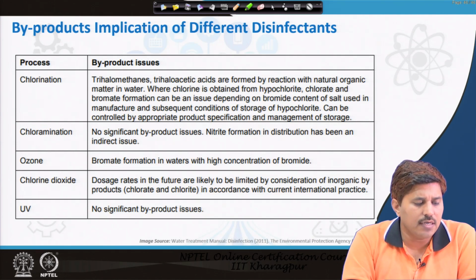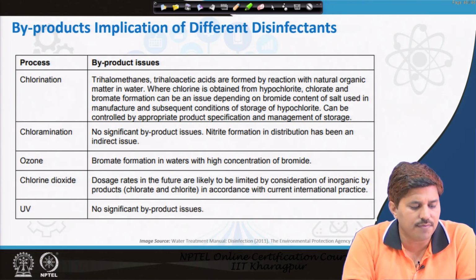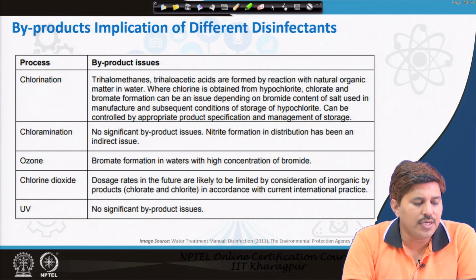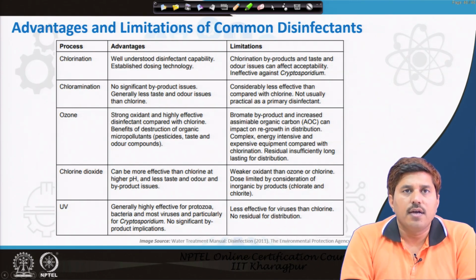Chlorine dioxide, again dosage rate in a way controls the formation of many of the byproducts. Okay. But still some products are found, and UV does not produce any significant byproduct.